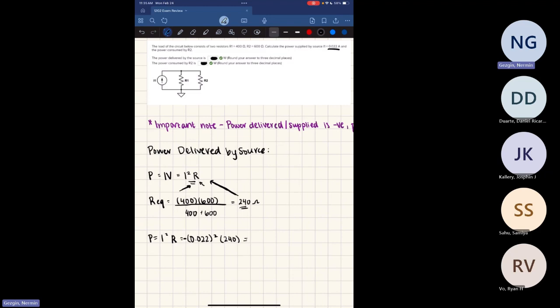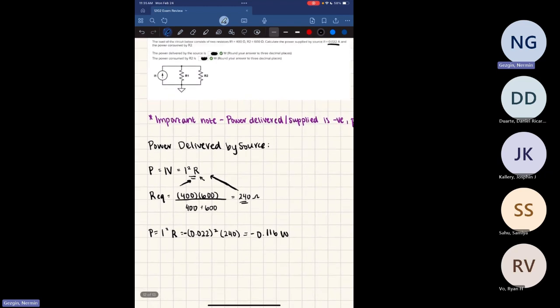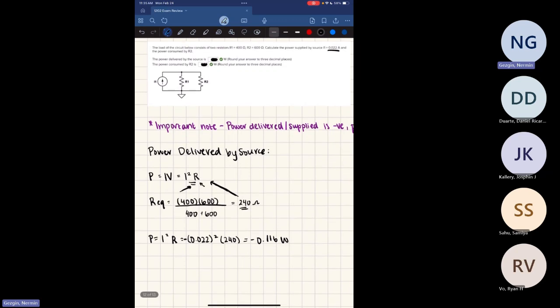Don't forget that. So we get negative 0.116 watts. So this is the first part of the question. This is the power delivered by the source. Again, we're finding the equivalent resistance because the question is asking for the power delivered by the source for the entire circuit, not just for a specific part of it.